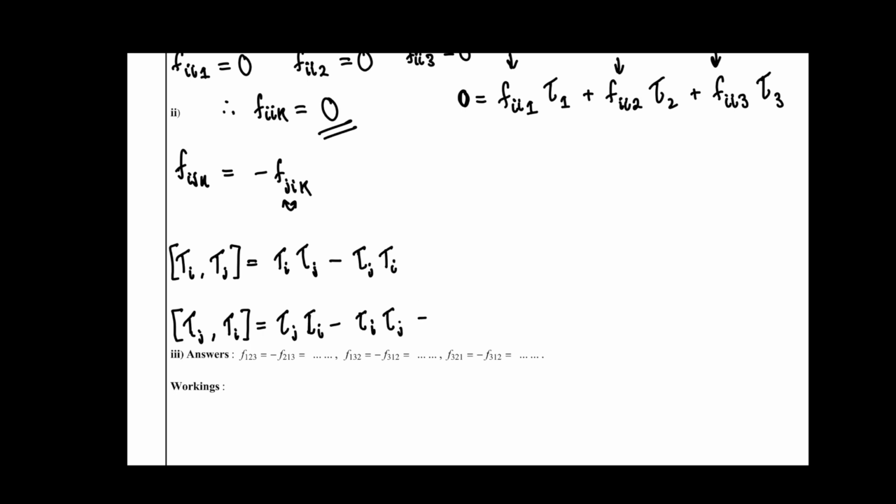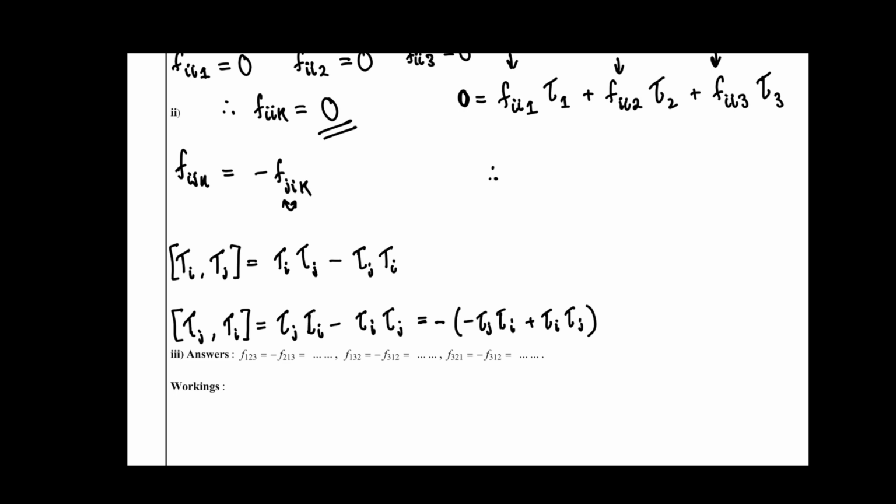If I factorize out a negative sign from this second commutator, we are left with minus tau j tau i plus tau i tau j. And this is the same as what is above over here.